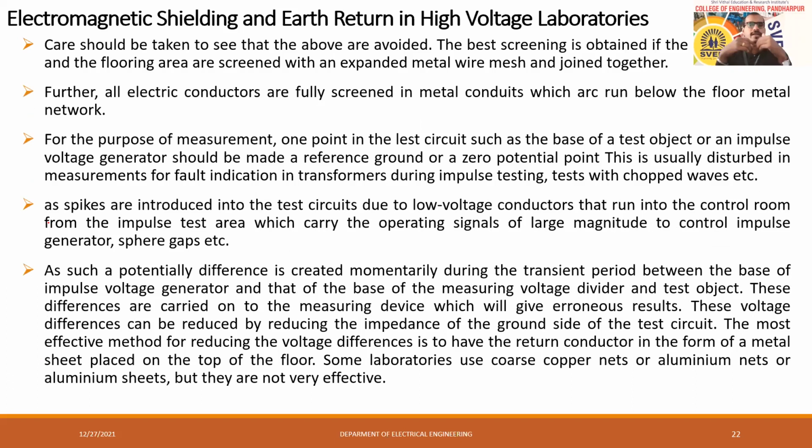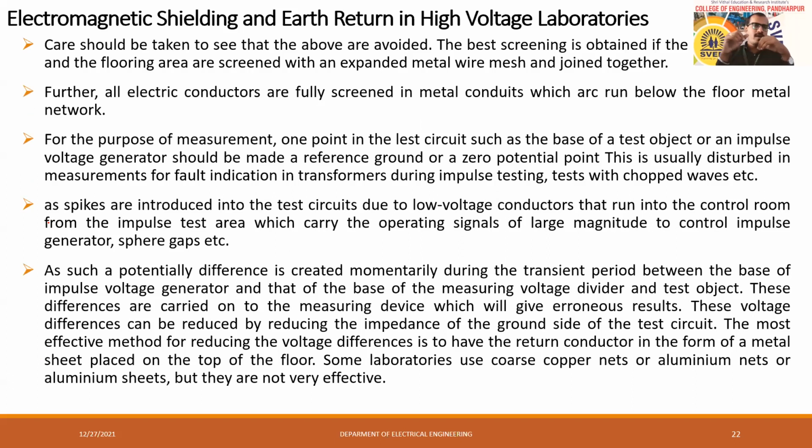The best care is that the roof, walls and flooring area should be screened first with expanded metal or mesh wire joined together, and all the electrical equipment should be fully screened with metal conduit.